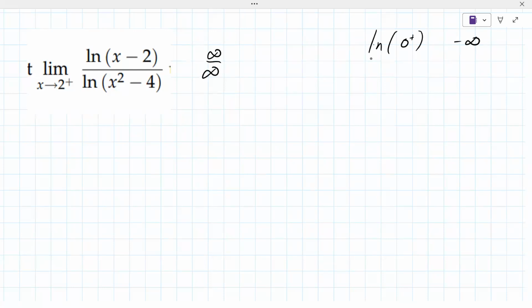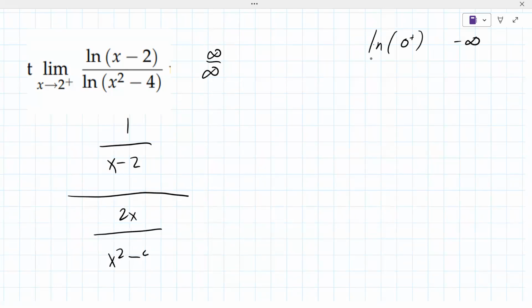And then for my first derivative, I got 1 over x minus 2 all over 2x divided by x squared minus 4. And then I get 0 over 0 as my indeterminate form for that.